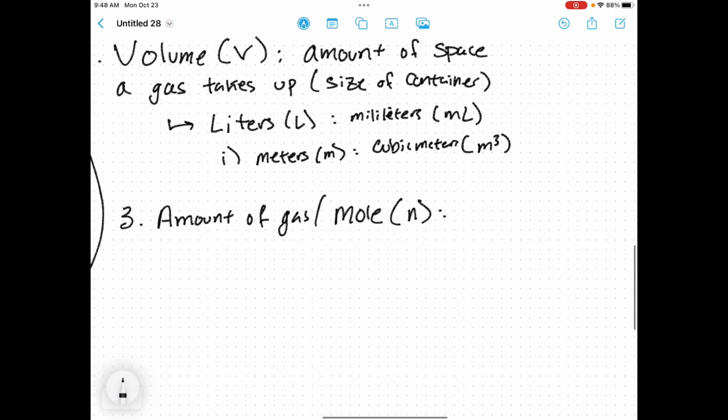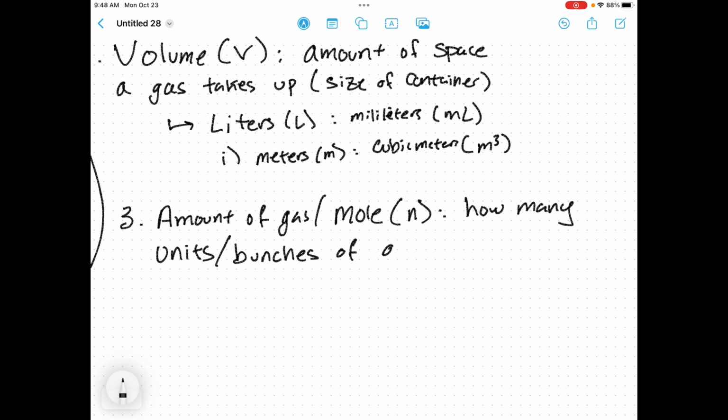So when we talk about the amount of gas, the moles, we're just talking about how many units or bunches of gas atoms you have.